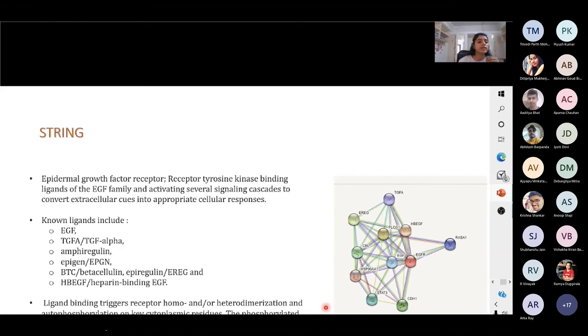The known ligands include amphiregulin, epigen, betacellulin, heparin-binding EGF, and EGF. So this ligand binding triggers receptor homo- and heterodimerization and autophosphorylation of key cytoplasmic residues. The phosphorylated receptors recruit adapter molecules like GRB2, which in turn activates complex downstream signaling cascades.